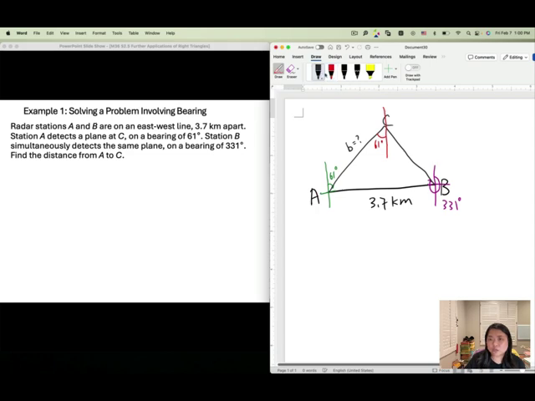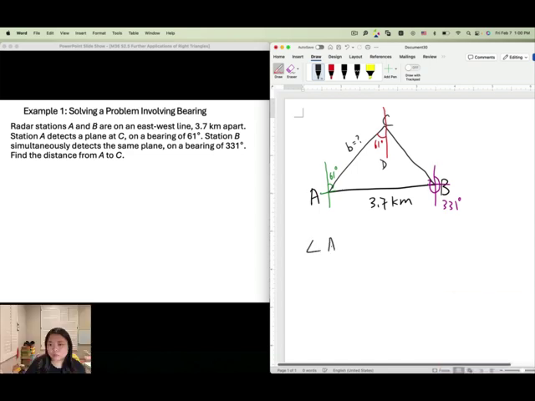I may just call this D here. So I'm going to write it down: angle ACD will be equal to 61 degrees. The reason will be alternate interior angles.